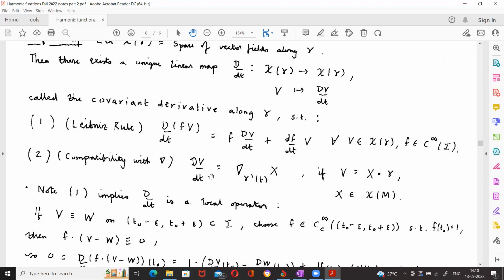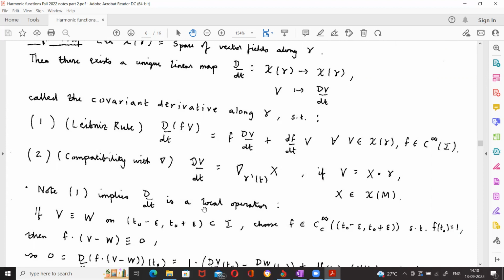So that means if you take a vector field V along gamma which is the restriction to gamma of a vector field X on the manifold, then the covariant derivative of V is the same as the connection applied to the vector field X in the direction of the curve. Okay. So this was unique.